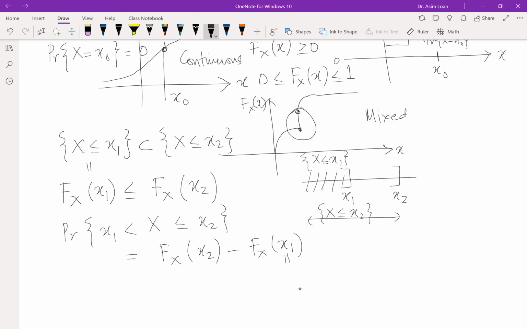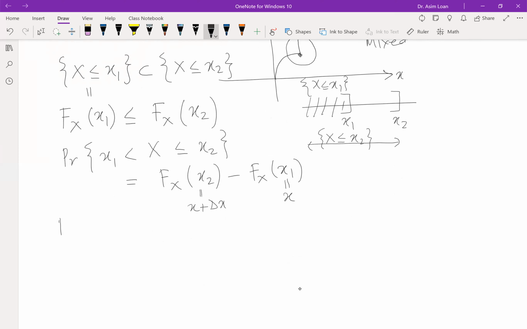If I say x1 is some small x and x2 is some x plus delta x, then what I have is the probability of x less than X less than or equal to x plus delta x. By the way, also note that for a continuous random variable, whether it is less than or less than or equal to doesn't make a difference. Why? Because obviously there is no probability at a point.